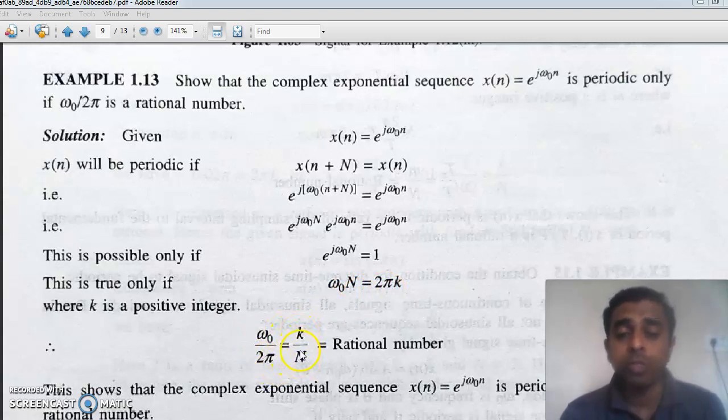Again you see that a discrete time signal is periodic only if omega naught by 2 pi, that is the angular frequency by 2 pi, is equal to a rational number. One thing is sure, pi is never a rational number.